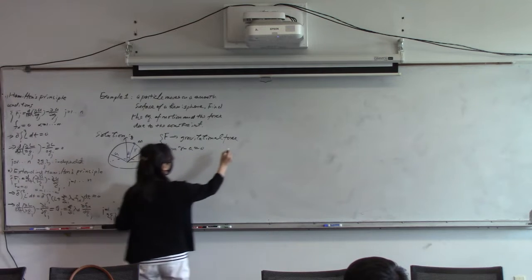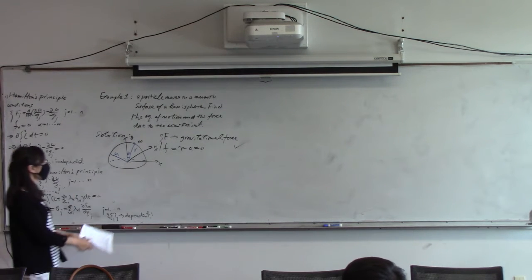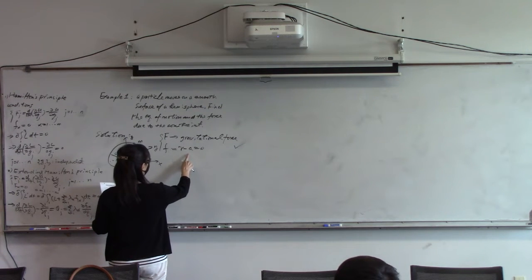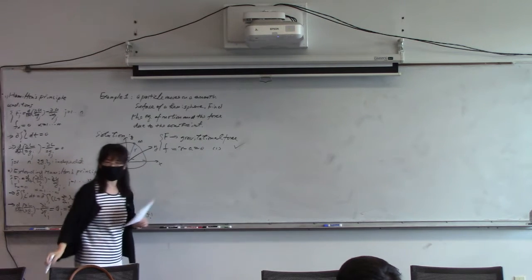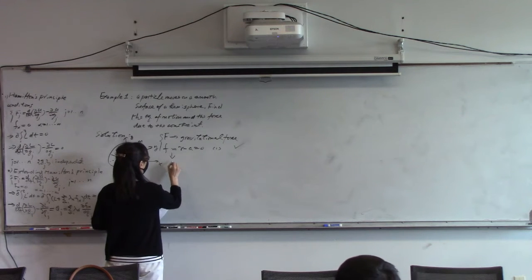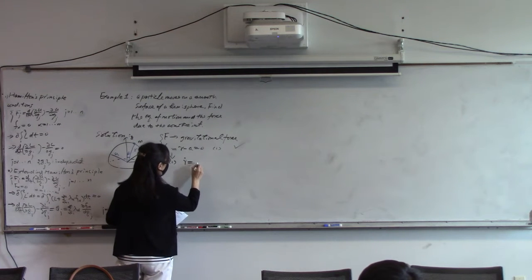So if we satisfy this condition, we can go to here. Okay. So the first one, usually when we have this, I'm going to give it a number because we are going to use this equation. Equation 1.